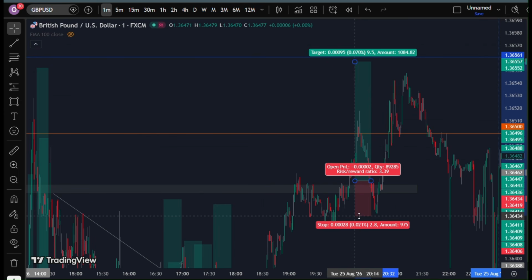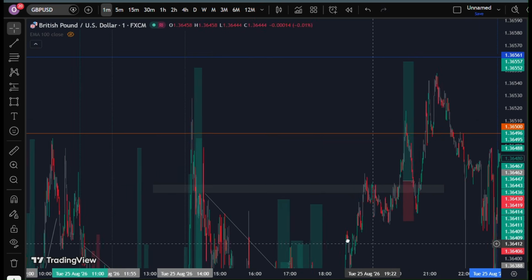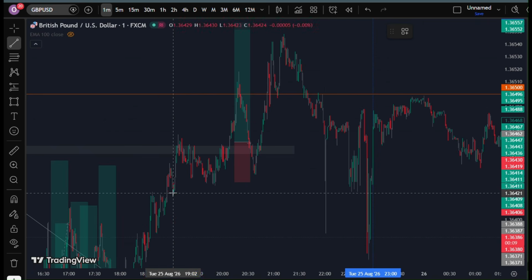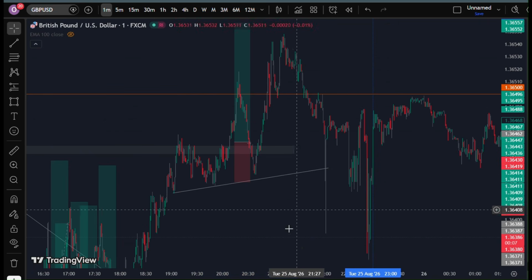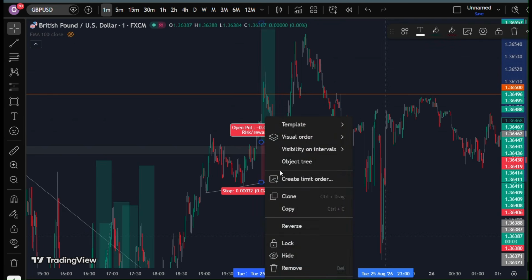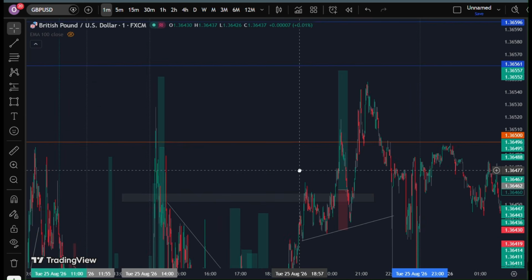So I had this. We can see the trend line over here. But even if we were taken out, we had another exit just there.